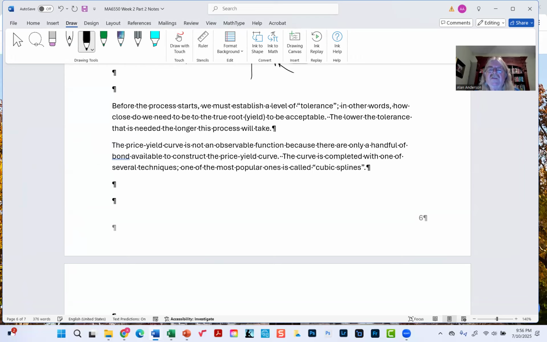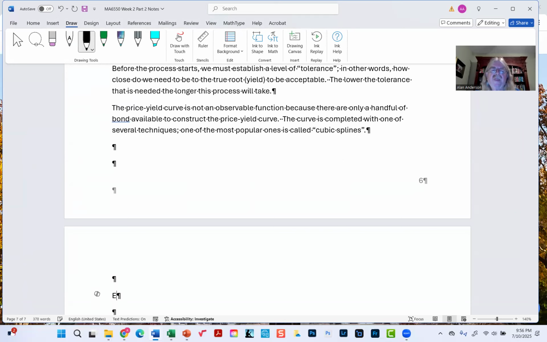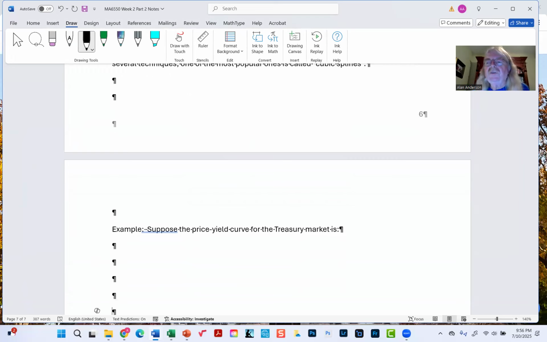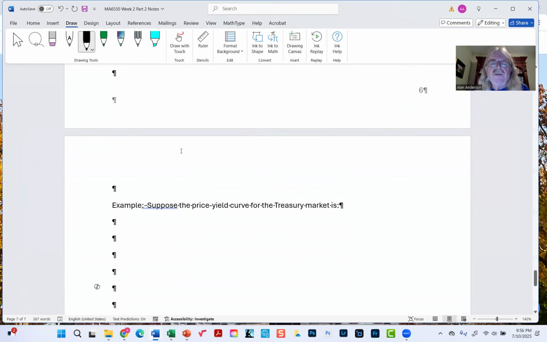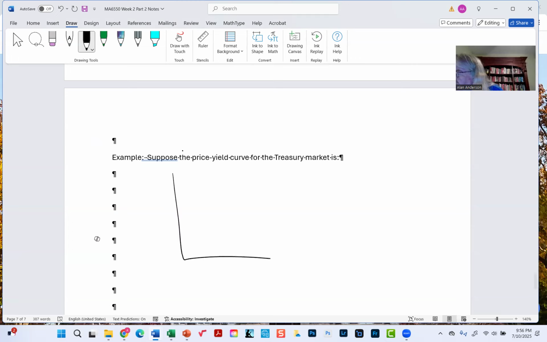So in other words, if you have to visualize, imagine that this price yield curve treasury market looks like this. Now, here's the problem. Even the treasury market only has a handful of maturities to choose from. So what's going to happen is if we try to construct this curve, well, all right, you're going to end up with gaps. This is what I'm building up to. It's not a continuous function. This function is not observable. And what has to happen is everywhere there's a gap, we have to find a way to fill it in.